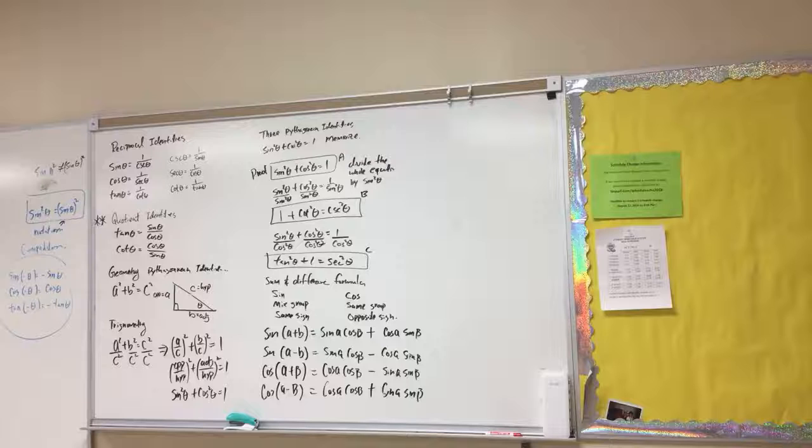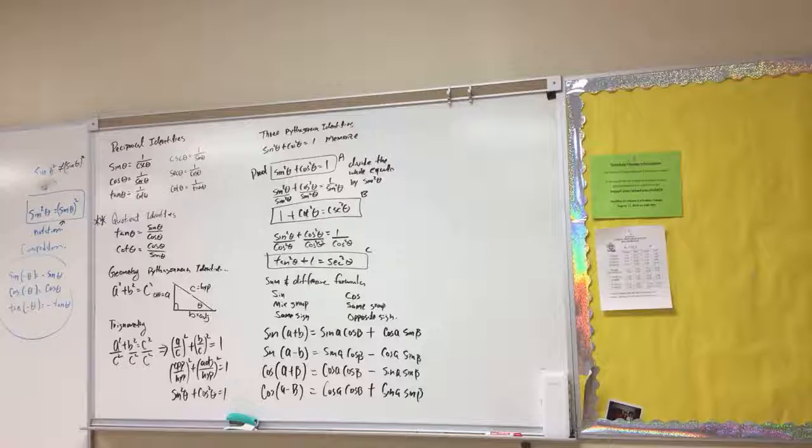Some people say, hey Mr. A, I challenge you to prove it. It's not hard, it's very direct. Well, 2 theta means what? Theta plus theta, x plus x, right? So can I replace it like this and use the sum and difference formula, SMS?